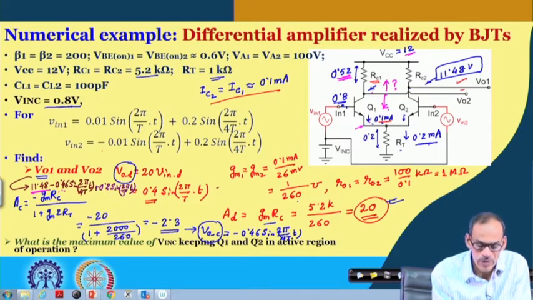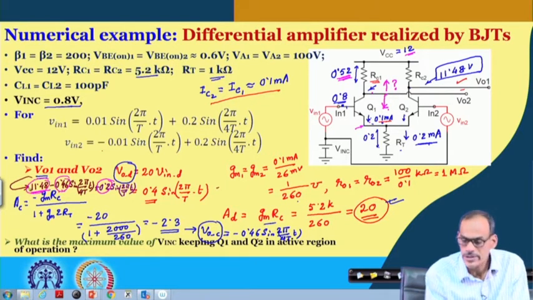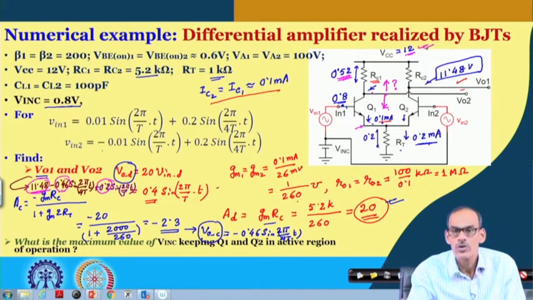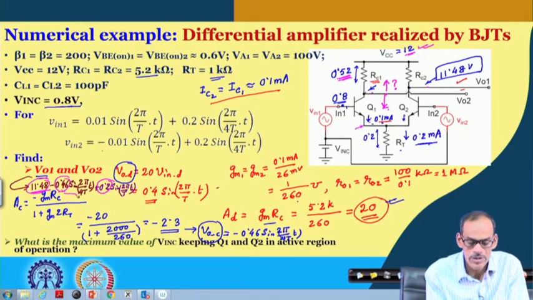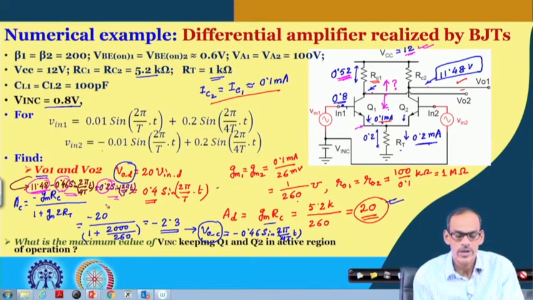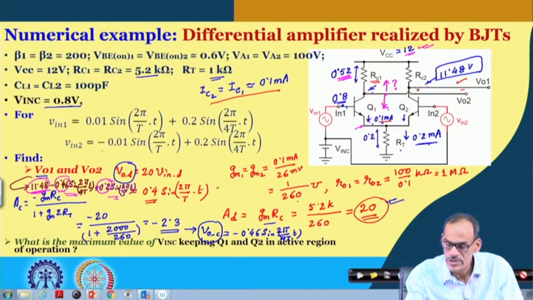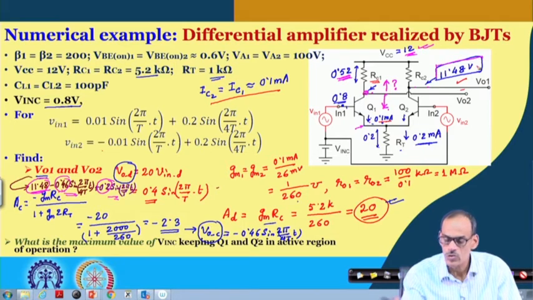In fact, if you add this amplitude and this one, it is exceeding this 12 volt, which is impractical. So, what it means is that at this point and this point, the combination of this common mode and differential signal is getting distorted, because the voltage here cannot exceed this 12 volt, indicating that the DC operating point is too high.